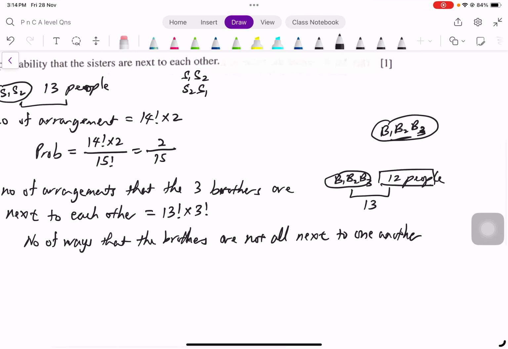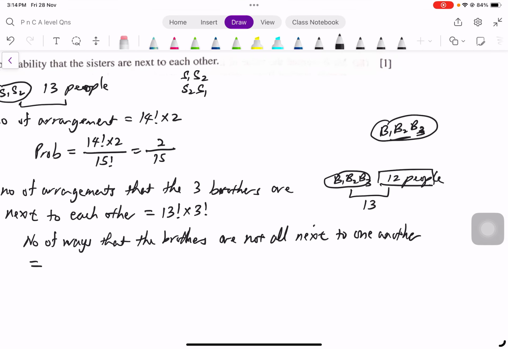Take note, when they say not all next to one another, it can be the case of brother 1, brother 2, and then other people, followed by brother 3. This kind of arrangement is actually allowed in this question, right?